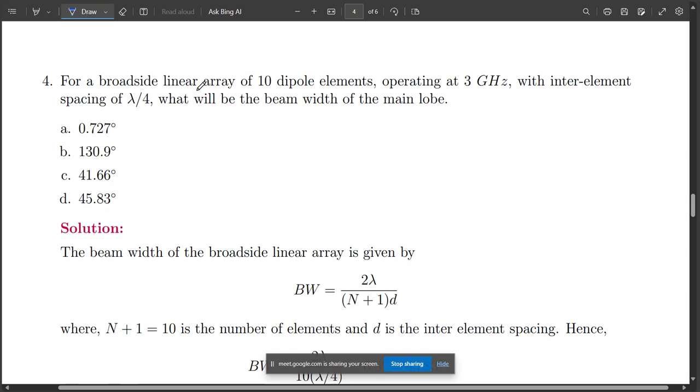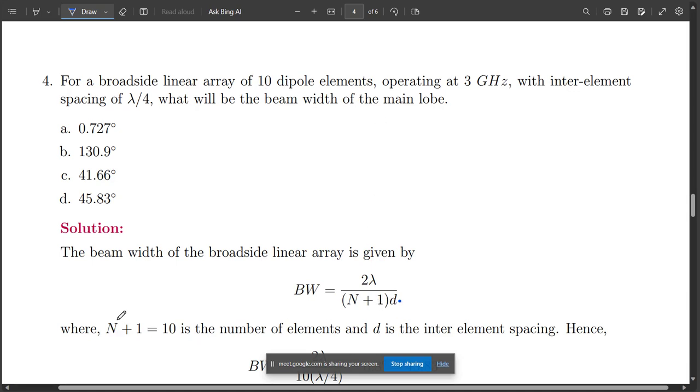So here a linear array of 10 dipole antennas is given. Operating frequency is given and inter-element spacing, that is d, is given to you. Lambda you can find out, right? And total number of elements is 10, 10 dipole elements are given to you.